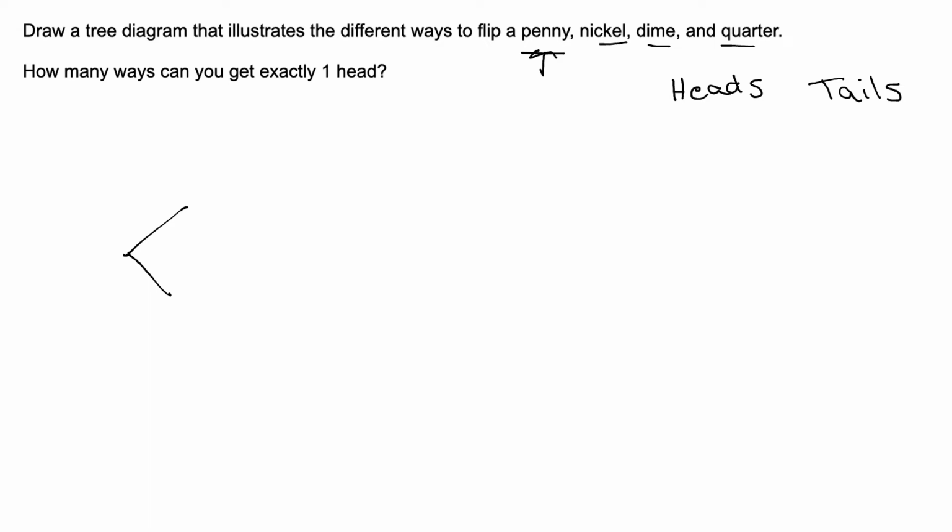So let's take a look. First, I'm going to flip a penny. So here I have a penny, and I have two outcomes for the penny. I can either have a heads or a tail.